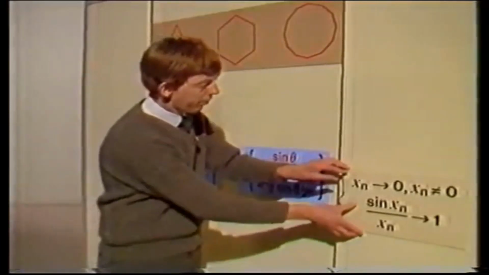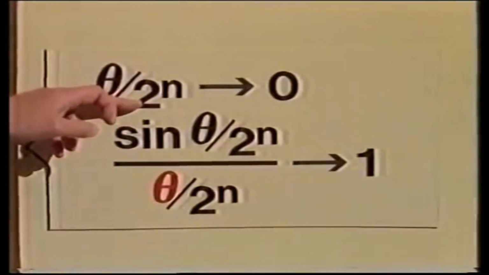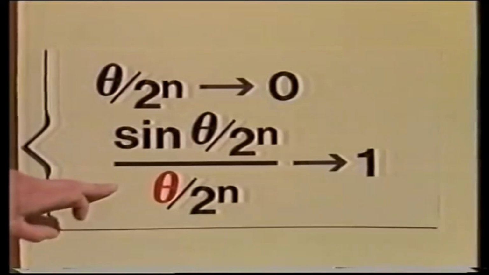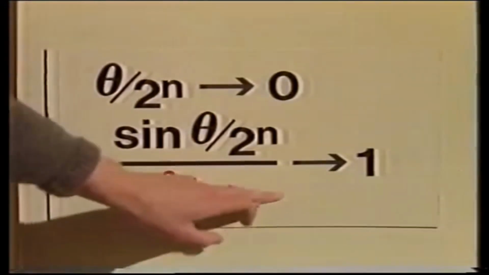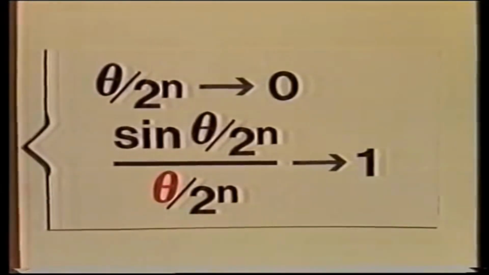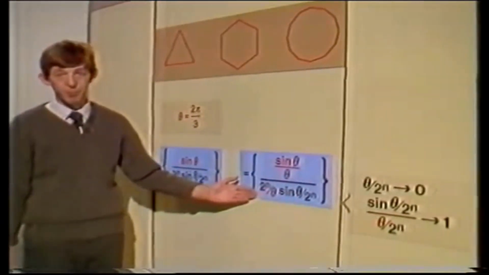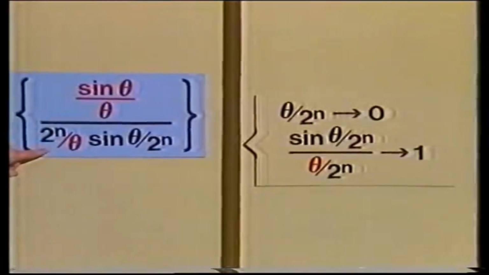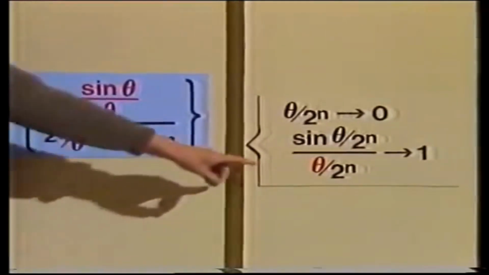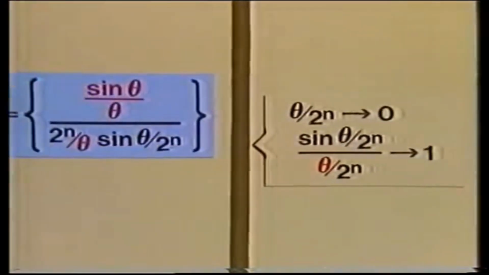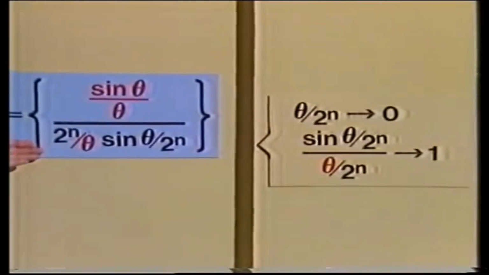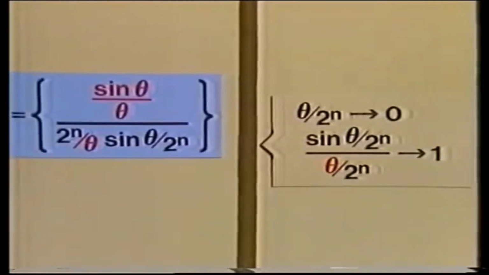In particular, since theta over 2 to the n is a null sequence, this quotient tends to 1 as n tends to infinity. But these two expressions are actually the same. Multiplying by 2 to the n over theta is the same as dividing by theta over 2 to the n. So the denominator here tends to 1.